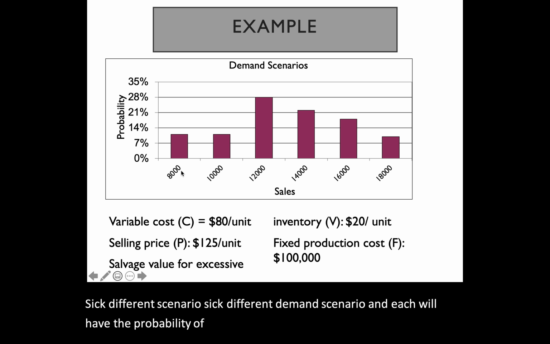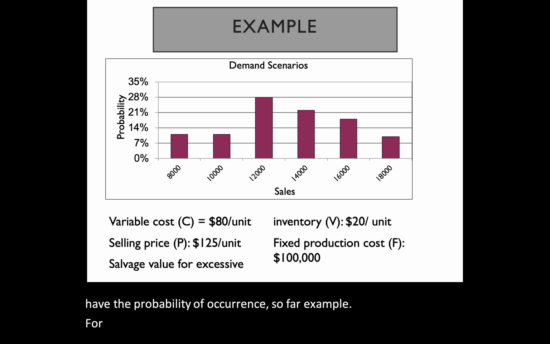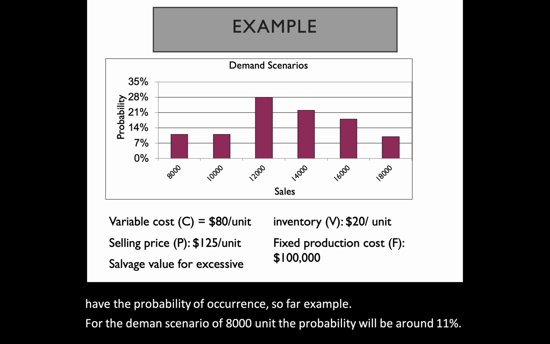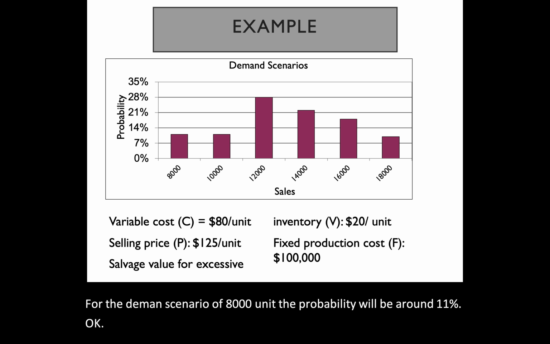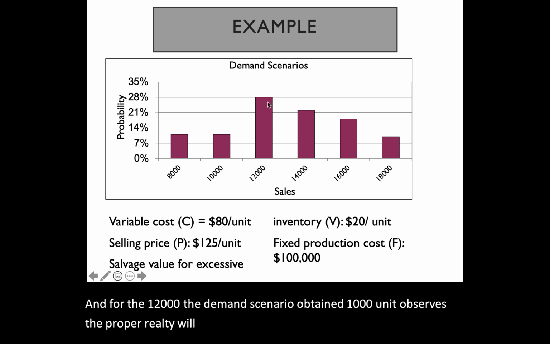For example, for the demand scenario of 8,000 units, the probability is around 11%. And for the demand scenario of 12,000 units of sales, the probability is 28%.